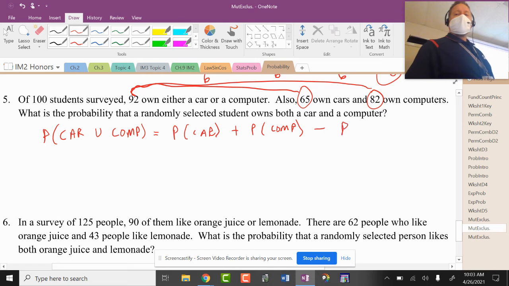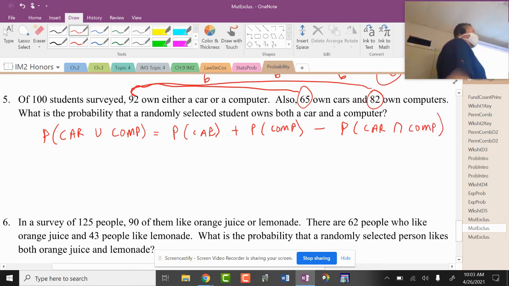And then minus if you own both. And this formula will tell you how many that is. It's actually an easy way that you can figure this out as you see what happens here. But one or the other, there's 92 out of 100.